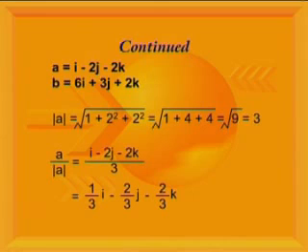So the unit vector along the direction of A is equal to 1 by 3i minus 2 by 3j minus 2 by 3k.